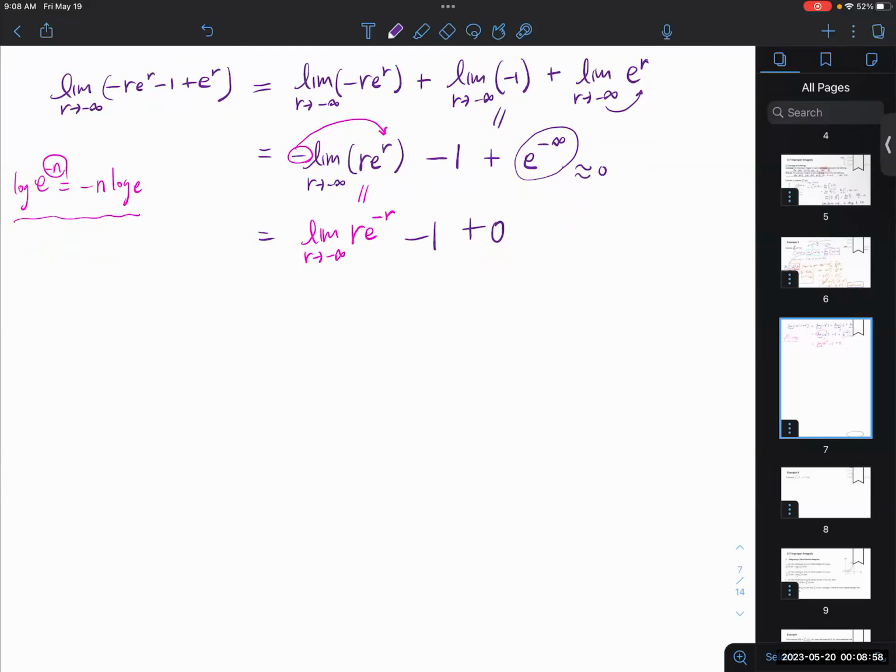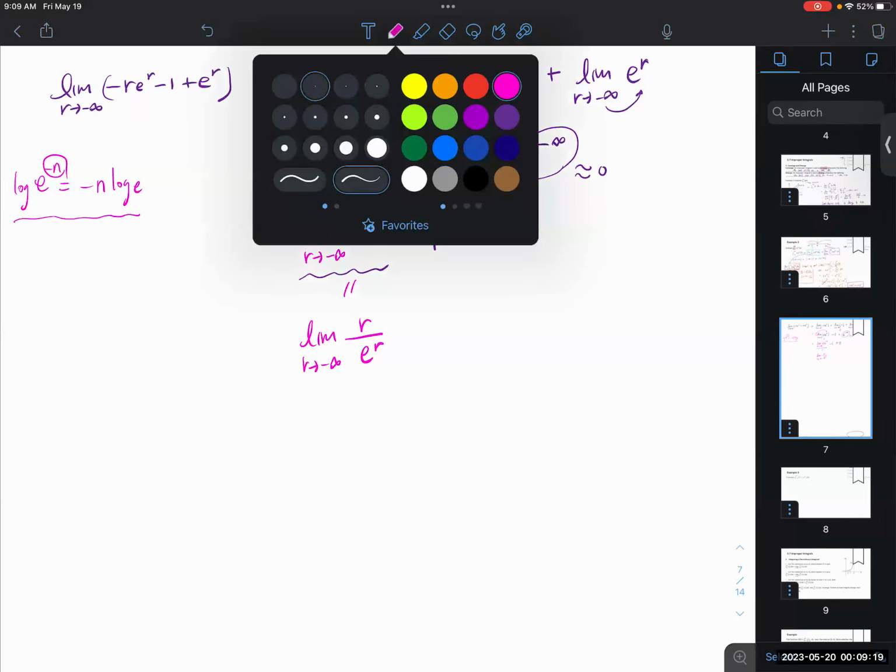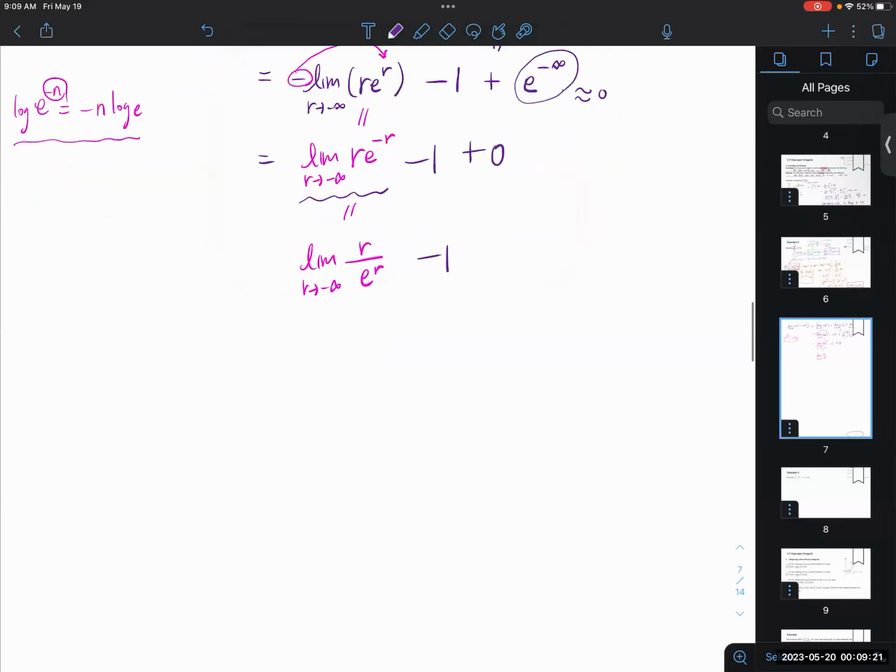And then we are going to take a look at this. If I plug in negative infinity, this is an indeterminate form. In other words, if I rewrite it as r over e to the r, because the negative exponent we can flip over, and we have only negative 1 here. If you're plugging in negative infinity, it's infinity over infinity, an indeterminate form.